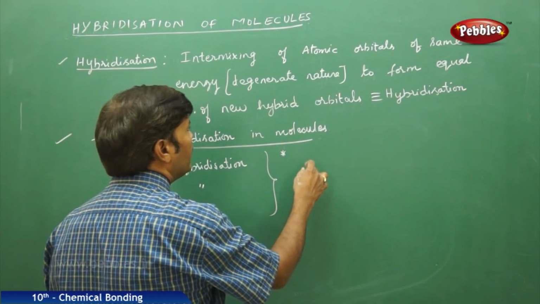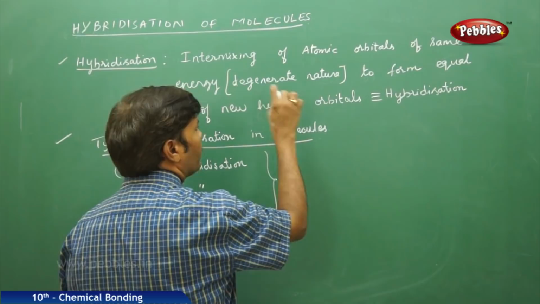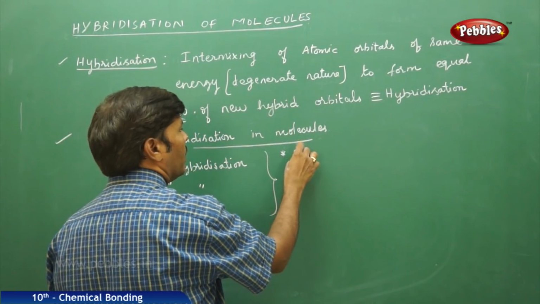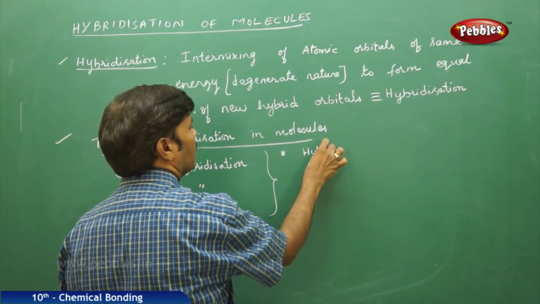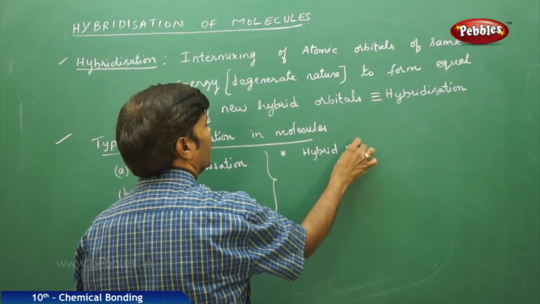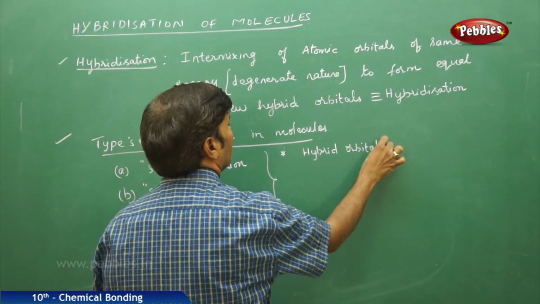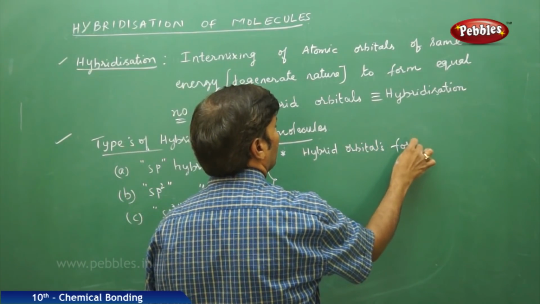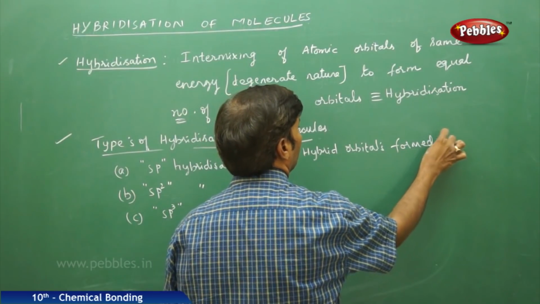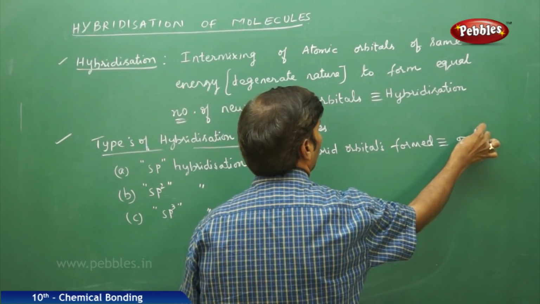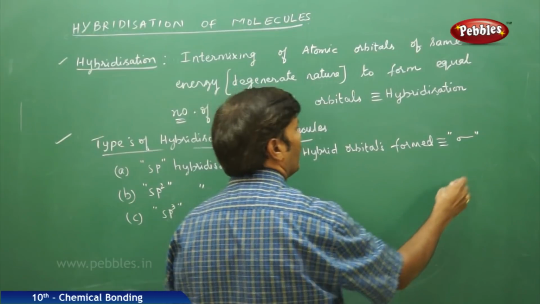always the hybrid orbitals formed during hybridization, they always result in the formation of sigma bonds.